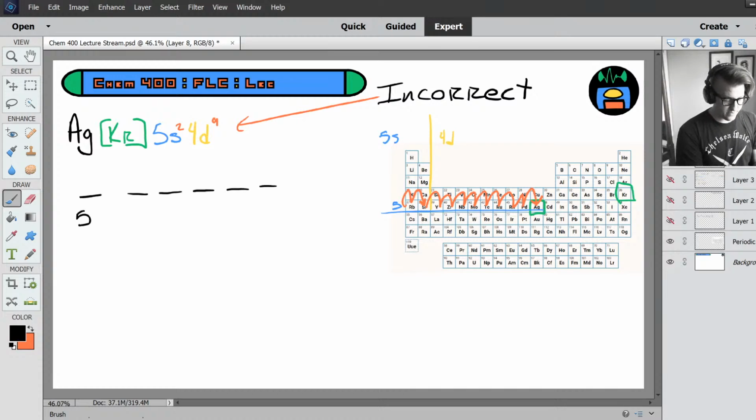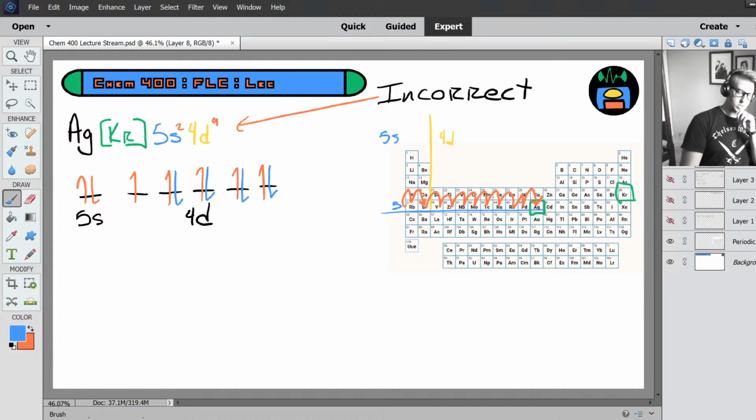So we have the 5s subshell and the 4d subshell. We have 1, 2 electrons in the 5s, and we have 1, 2, 3, 4, 5, 6, 7, 8, 9 electrons in the 4d. Now, this one's a little harder to see, which is why I've added color.